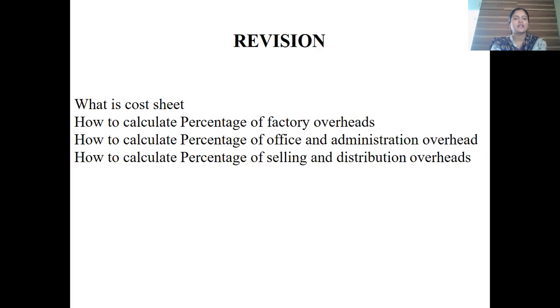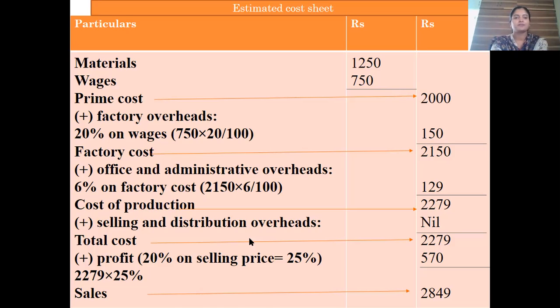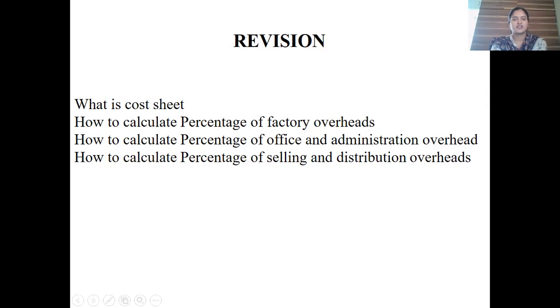What we have studied till now: what is the cost sheet, how to calculate the percentage of factory overheads, how to calculate the percentage of office and administration overheads, and how to calculate the percentage of selling and distribution overheads. This is what we have studied in this schedule number 9. I hope you all understood.